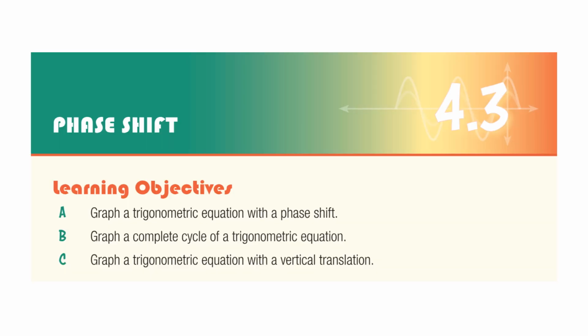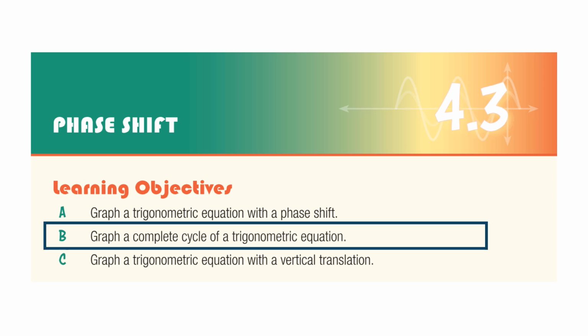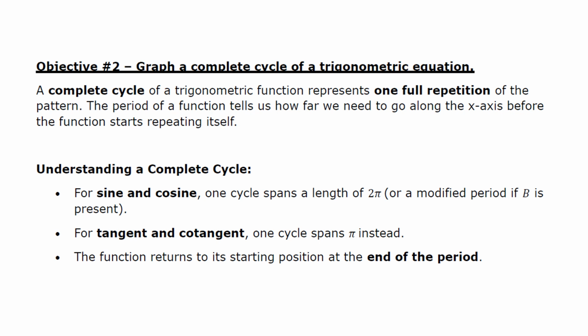All right, now let's go into our second objective. Graph a complete cycle of a trigonometric equation. So a complete cycle of a trigonometric function represents one full repetition of the pattern. So the period of a function tells us how far we need to go along the x-axis before the function starts repeating itself.